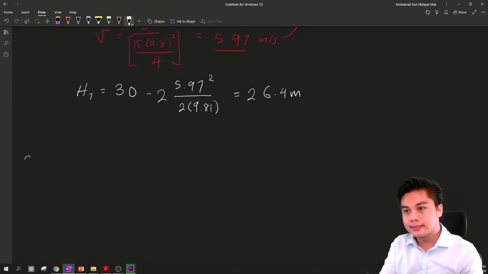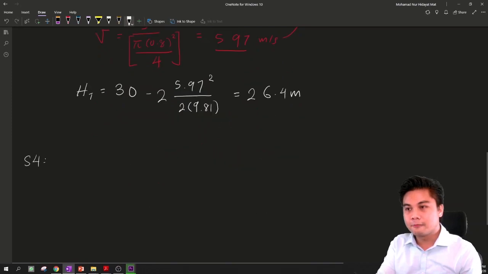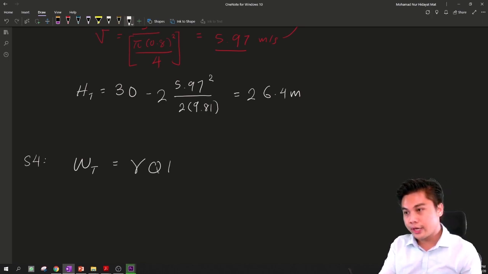In order to find the work rate of the turbine, or the power output from the turbine, step number 4 is to relate the head of the turbine with the work rate of the turbine. Based on the relationship, the work of the turbine is equal to gamma Q H times the efficiency of the turbine.